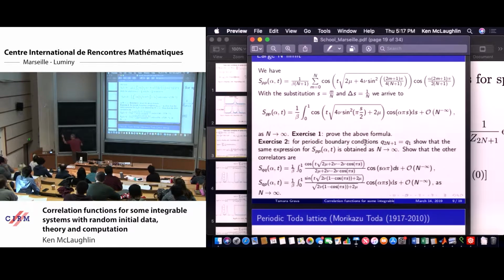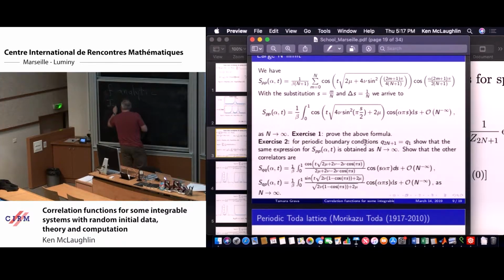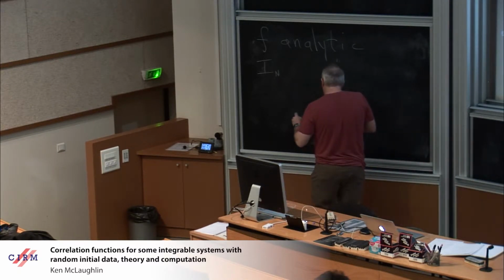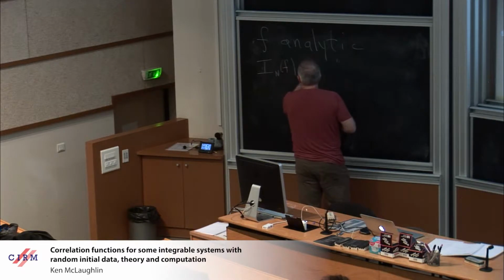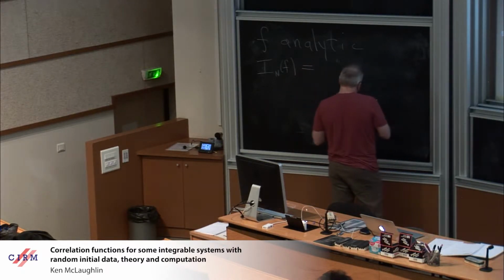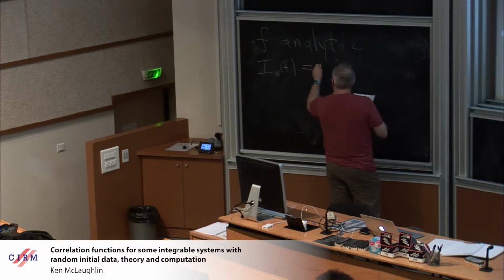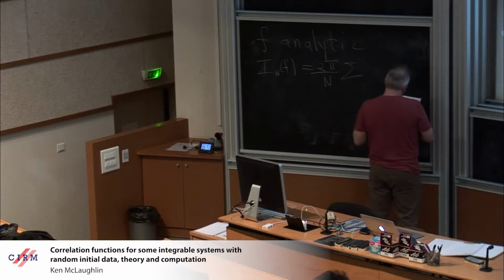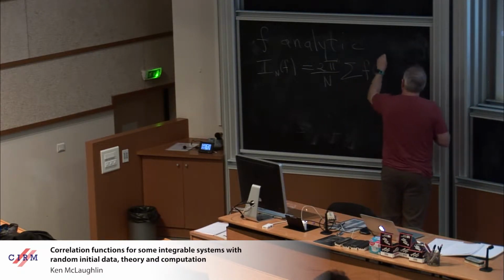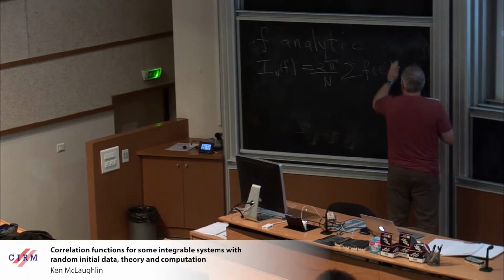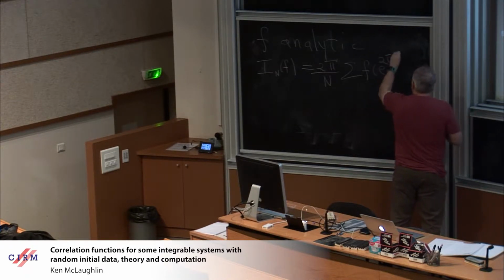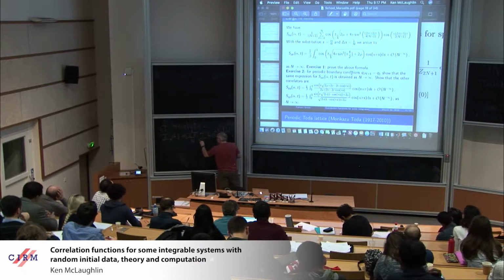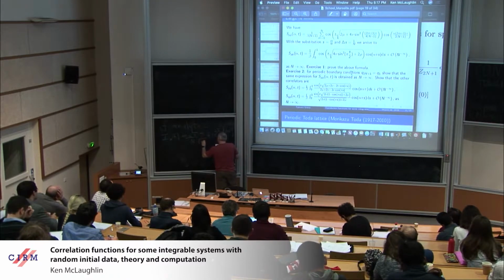So the trapezoidal approximation to an integral of an analytic function over a circle is just this: 2 pi over n, sum k goes from 1 to n.